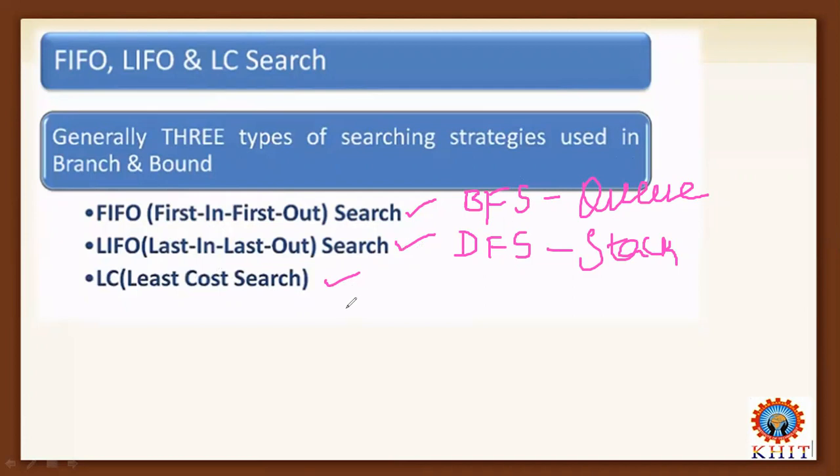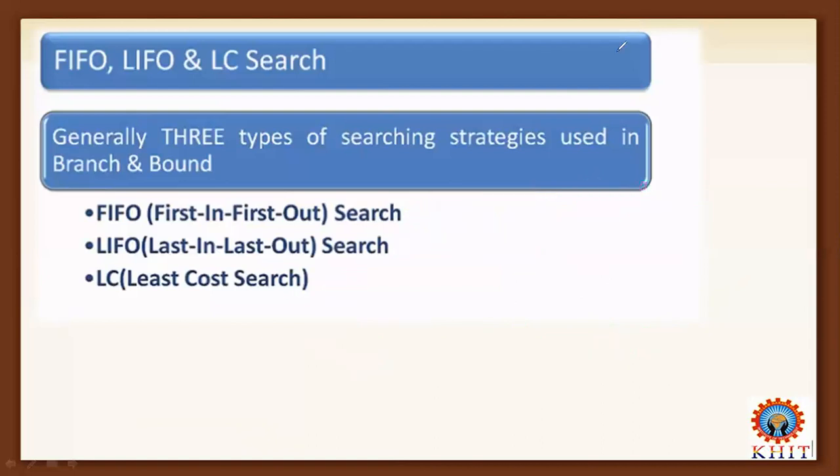This will work based on the principle of a ranking function. What is a ranking function? We will discuss in the next slide. Okay. Hope you all have understood the concepts very well.